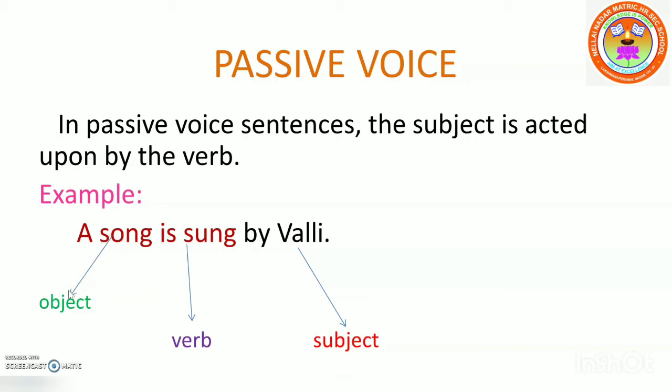Here, a song is an object, is sung is the verb, Valli is subject. So here in this sentence, we talk about mainly the action only, not about the subject. So we give importance to the action, hence it is called passive voice.